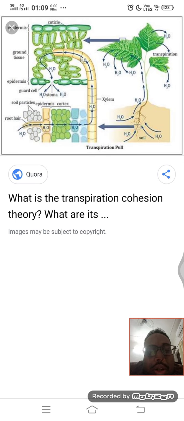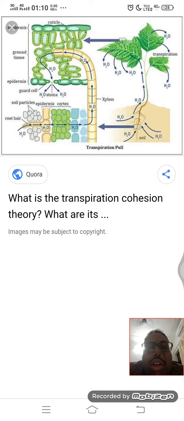That means it is produced in one place and transported through phloem and stored in another place. That means they are changing the location. That particular process is known as translocation.